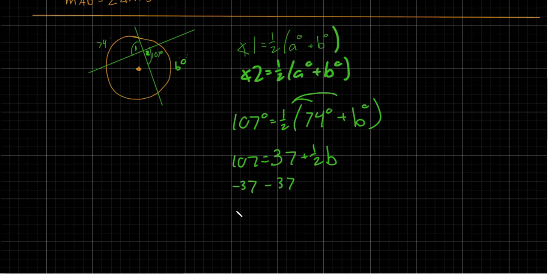So I should have 70 equals 1/2 of B. You can scooch up on the other side of Tristan if it helps you. Okay. So how do I get rid of the 1/2 and get B all by itself? Times 2. Times 2 on both sides. So that's 140 equals B. And that's what we're trying to find. So 140.